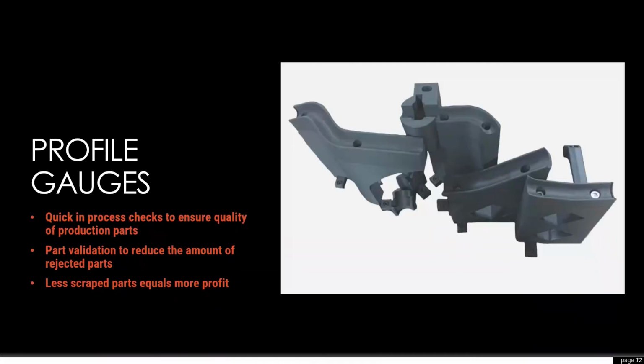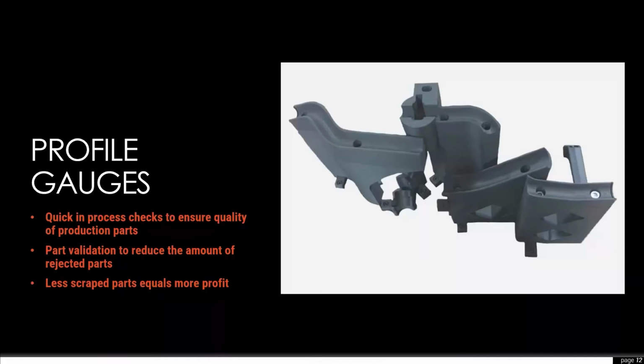The other thing too is a big thing that I see when I walk around shops: tons of scrapped parts sitting in bins waiting to go back to the recyclers. So using these tools, these profile gauges, to ensure the quality of your parts is going to mean fewer scrapped parts. Now, with fewer scrap parts, obviously the first thing you're thinking about is your bottom line on your materials, right?